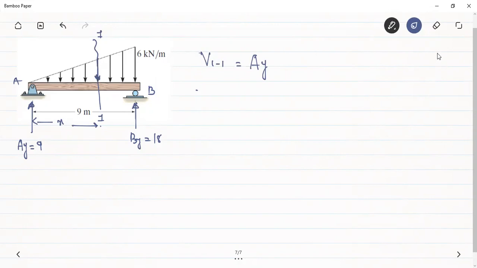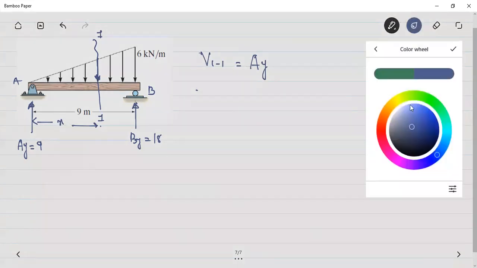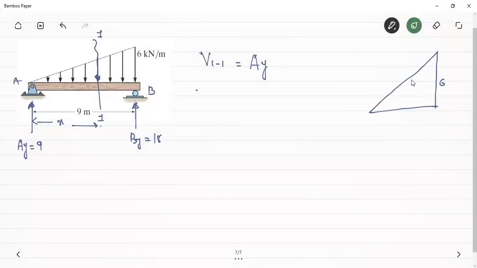Therefore, the condition here is that this is 6, and I want to calculate the intensity at this distance, because I have taken a section at a distance of x. The total is equal to 9. So I want to find the loading intensity here. Let this loading intensity be equal to omega dash. From the similar triangle concept, you can see that the bigger triangle is similar to the smaller triangle.